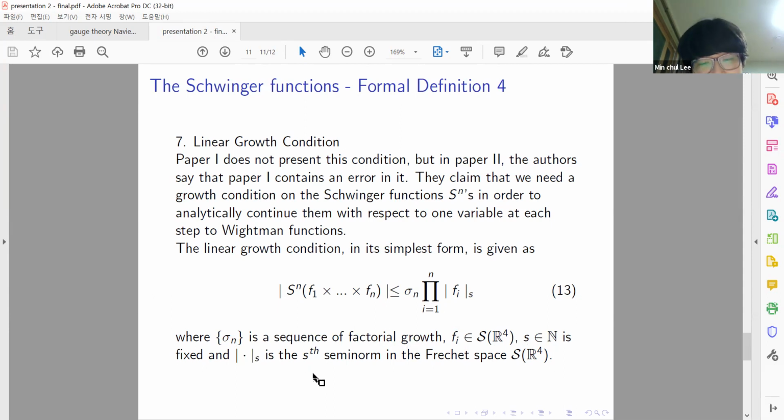And this is the semi-norm in the Frechet space, Schwartz space. So this linear growth condition is something that Professor Glimm pointed out as very unnatural, but according to the paper, it is necessary. It must be included in order to pass from the Euclidean setting to the Minkowski setting.